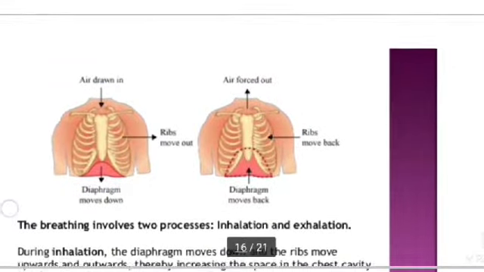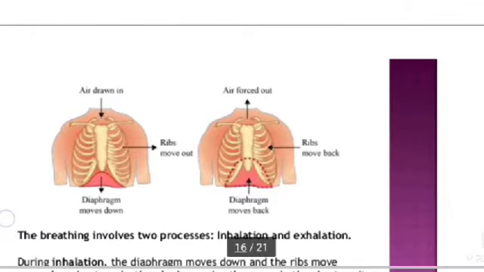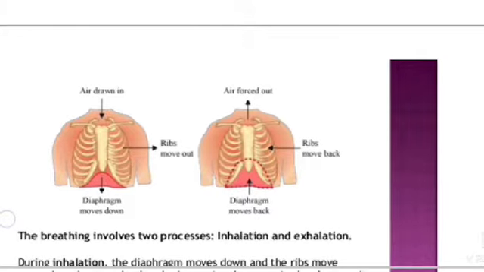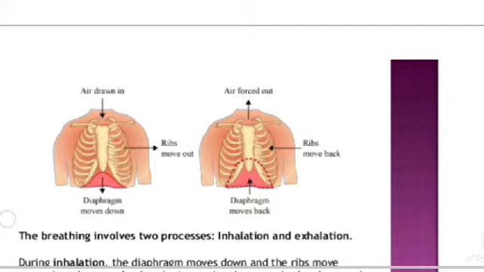See the picture. Air drawn in, air forced out. Ribs move out, diaphragm moves down, and ribs move back, diaphragm moves back.